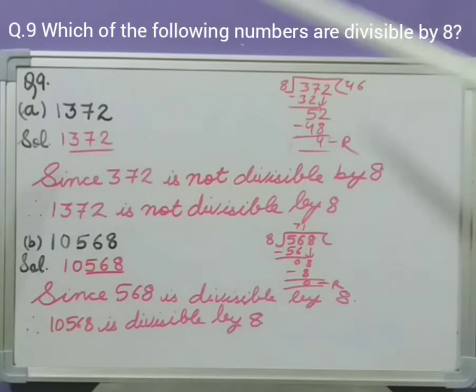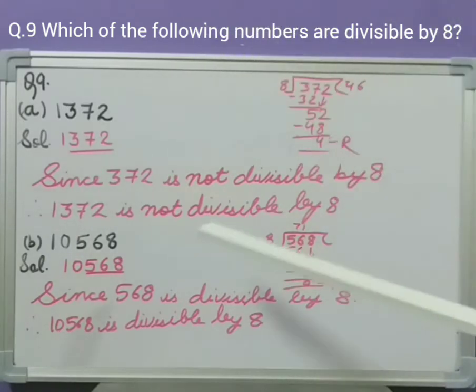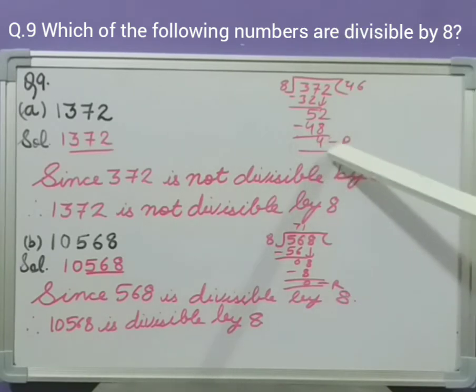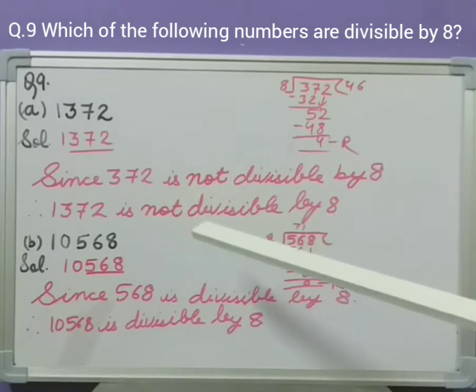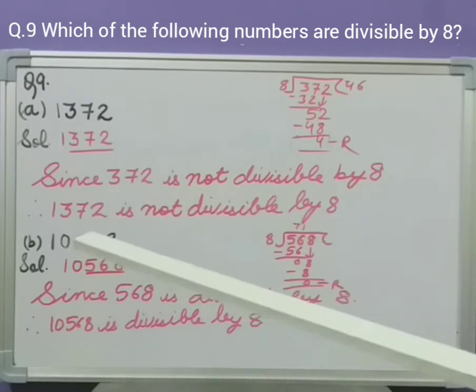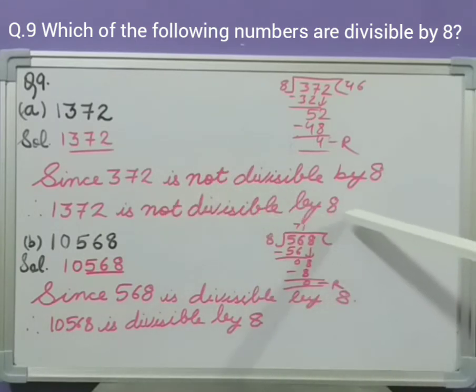Now, question number 9A, 1372, there are 4 digits. We have to check whether the last 3 digits are divisible by 8 or not. After checking, we got that it is not divisible, since 372 is not divisible by 8. Therefore, 1372 is not divisible by 8.